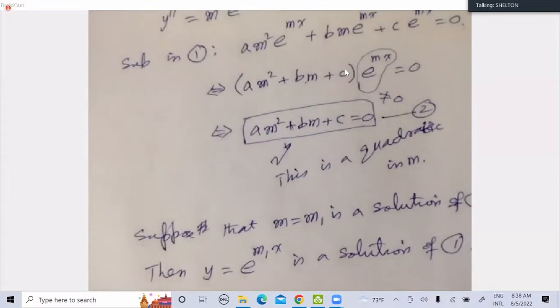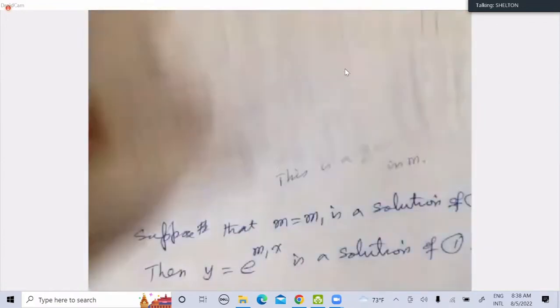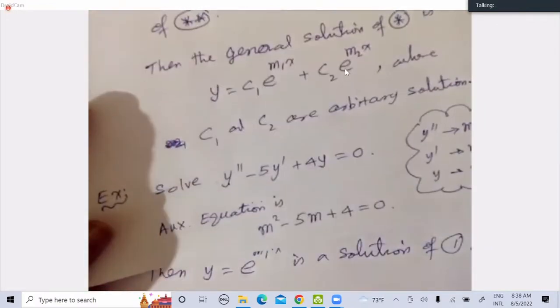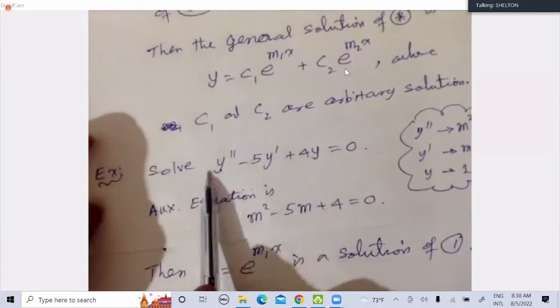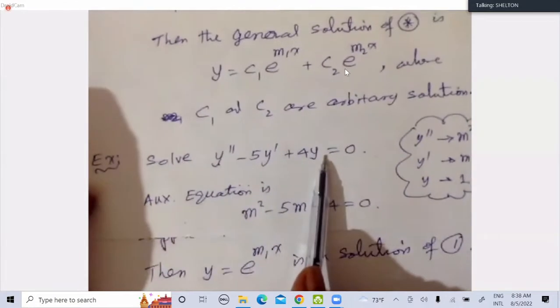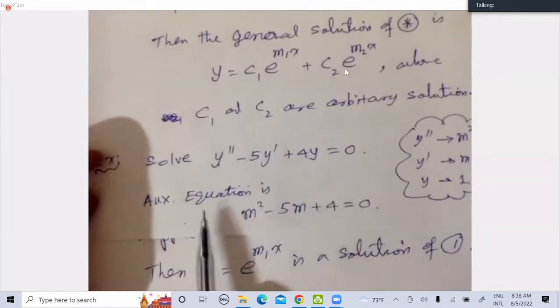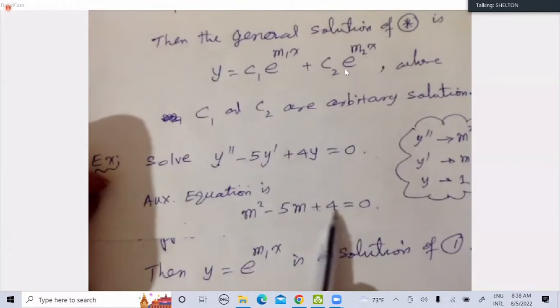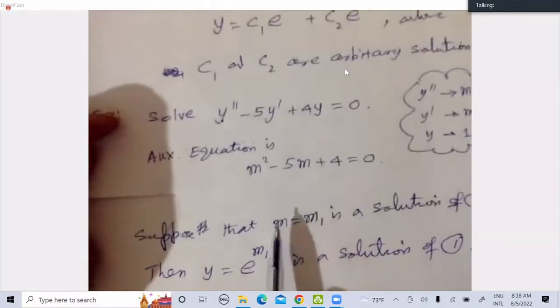We just did the distinct roots case. Let me just show you the two problems quickly. So take this equation. Auxiliary equation, write it down. Now you all can do that.